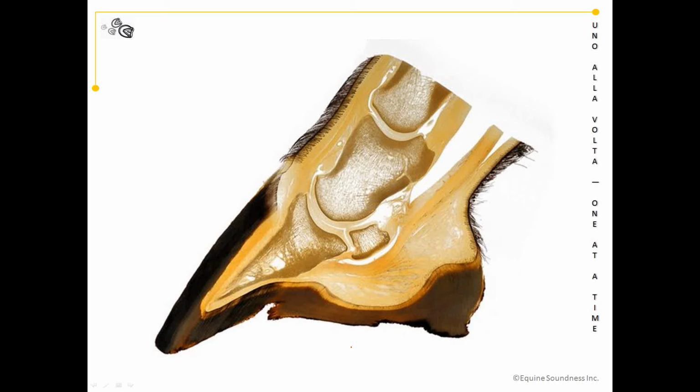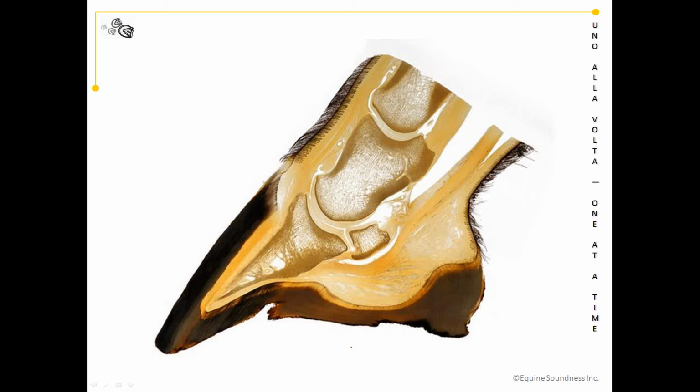In books about hoof care, especially in farrier texts, you see a lot of these drawings or pictures, cross-sections through the hoof. And that could easily lead to the wrong conclusions.